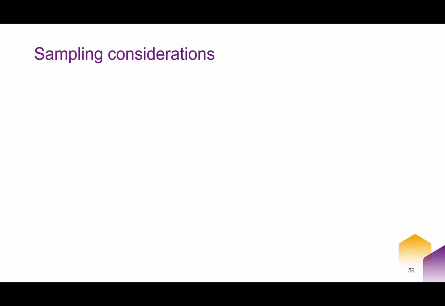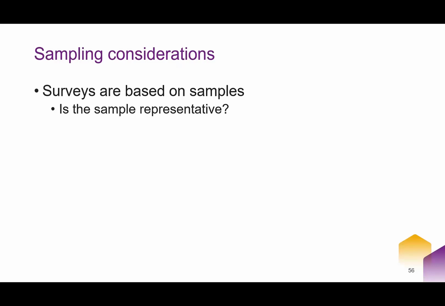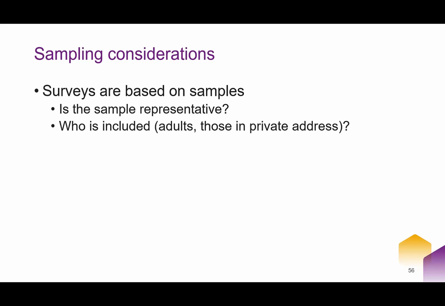Finally, you also need to think about sampling. Surveys and qualitative data sources are almost always based on samples. One important question you need to ask about your data is: is the sample representative? You need to know who is included in your sample. Is it adults? Is it only those in private addresses?